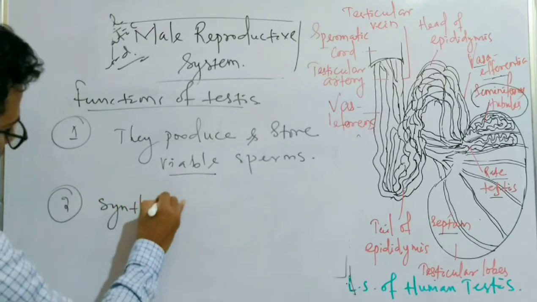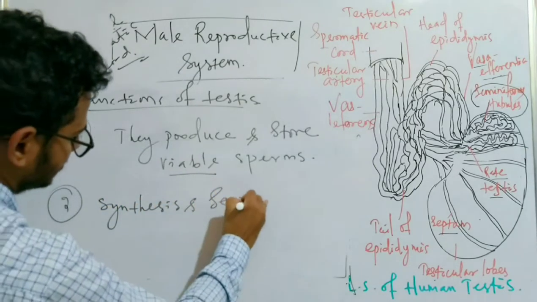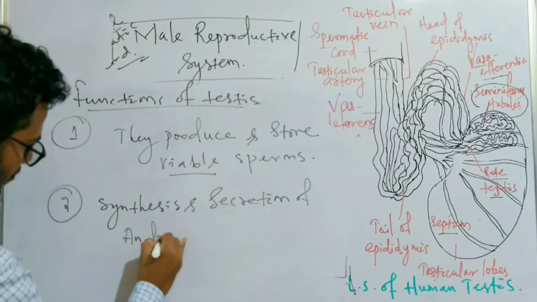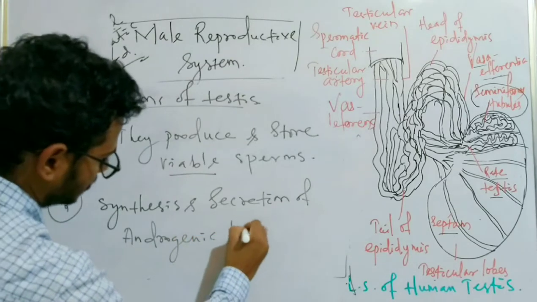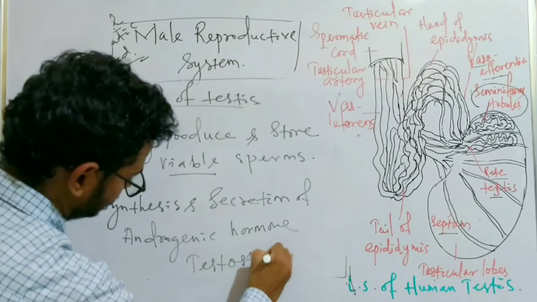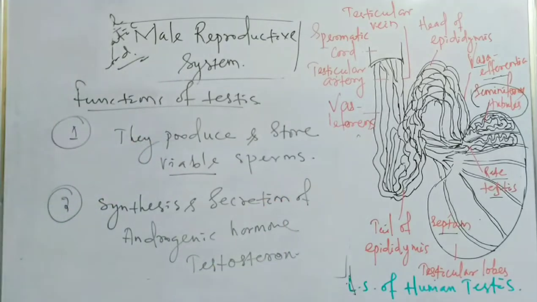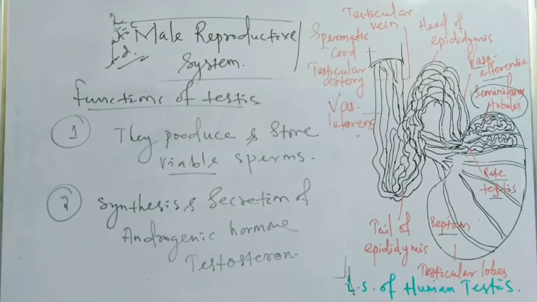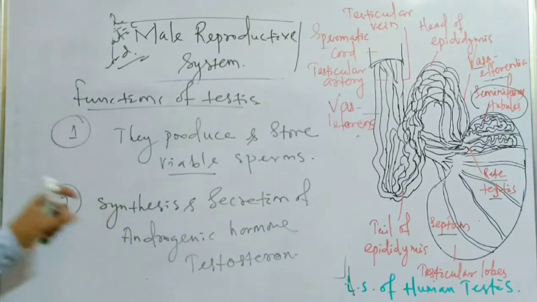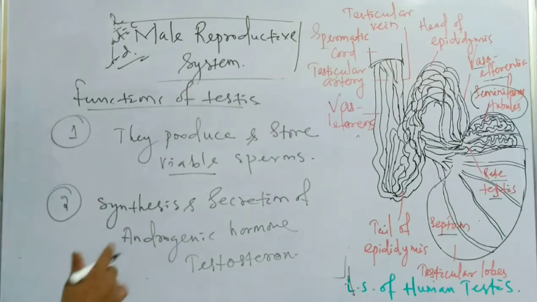Synthesis and secretion of androgenic hormone, which you call the testosterone. So testosterone is the male sex hormone which is synthesized and secreted within the testis, and this is one important function which is under the control of the anterior pituitary.